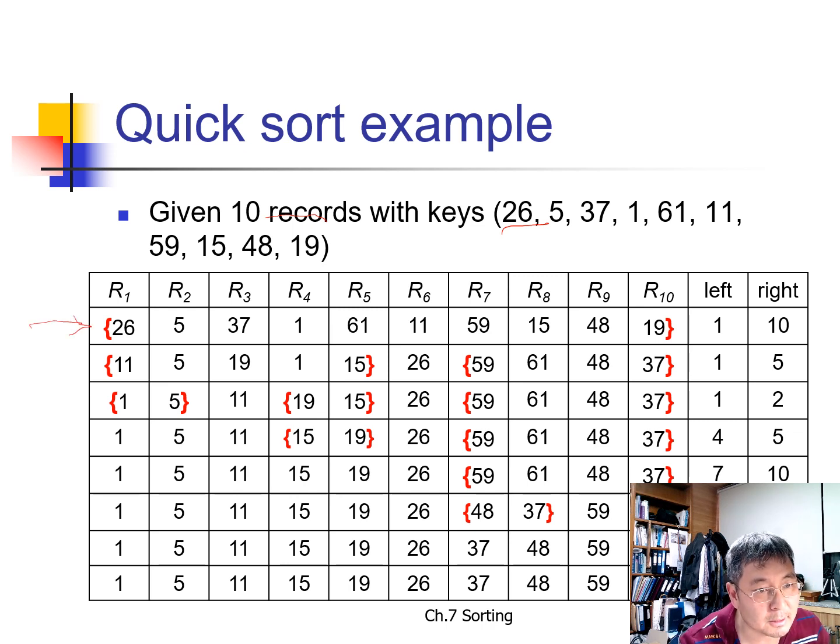Here, the left value is 1 and the right value is 10. In the algorithm we saw on the previous slide, 26, the first record's key value, is selected as the pivot value.